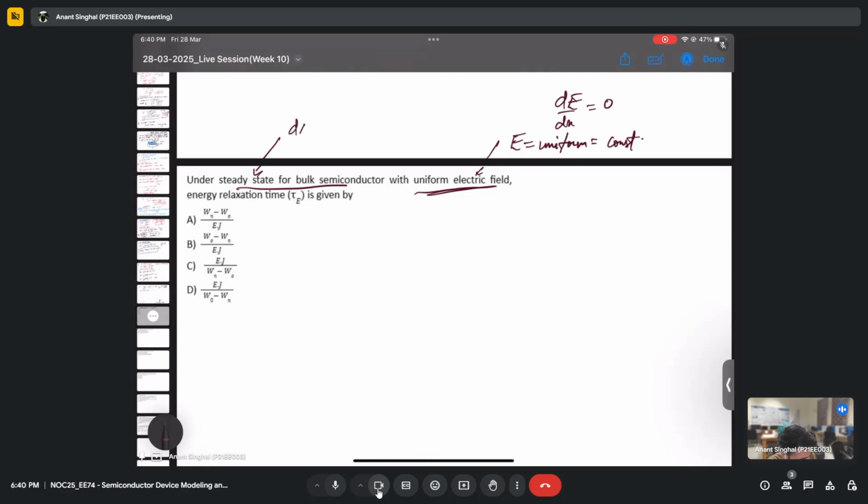Steady state also makes the electric field constant. So what is the relaxation time? We did try different cases, but this is a straightforward formula. The relaxation time is given by Wn minus W naught over E dot J.